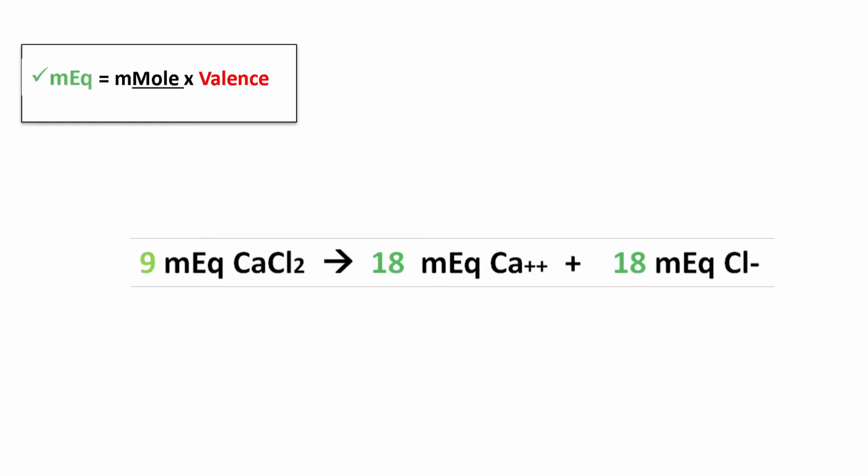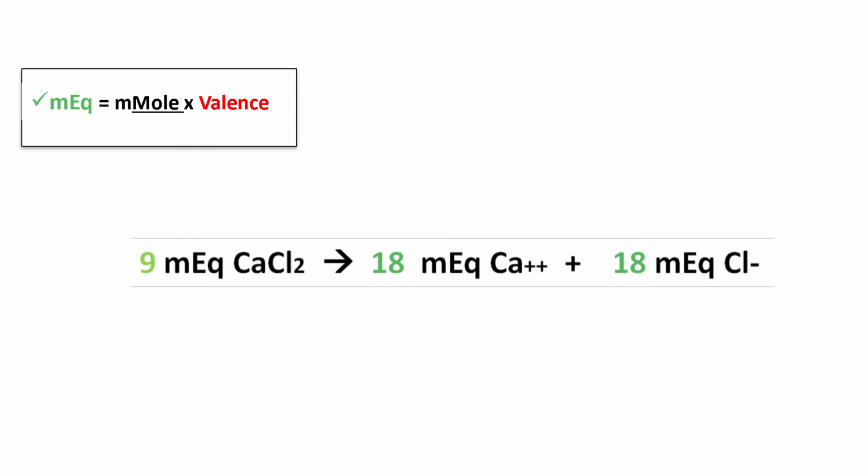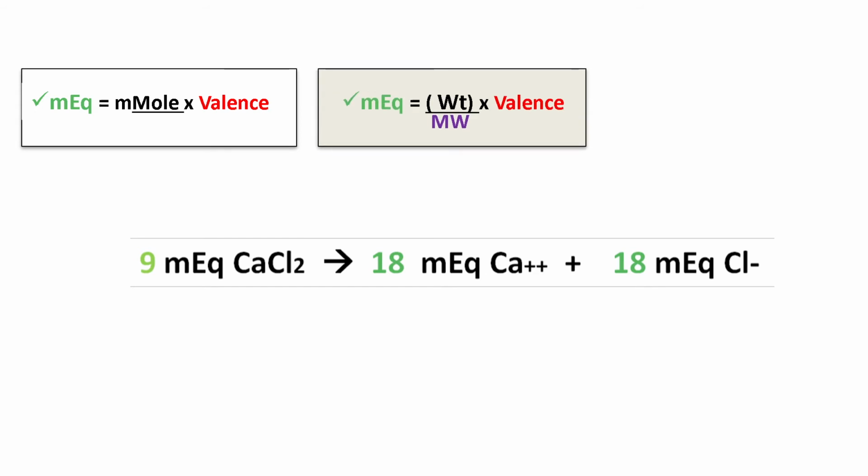We know milliequivalent is equal to millimole into the valence. We can also write that as milliequivalence is equal to weight by molecular weight into the valence.